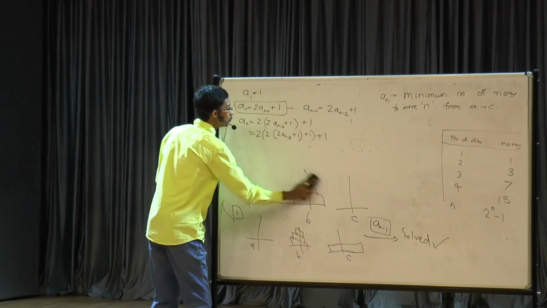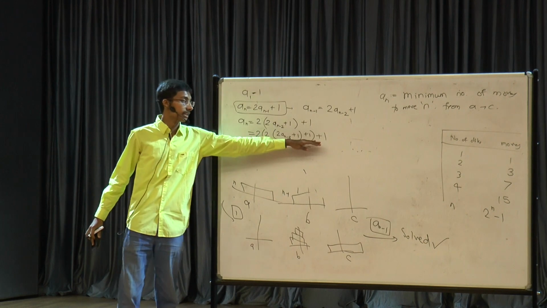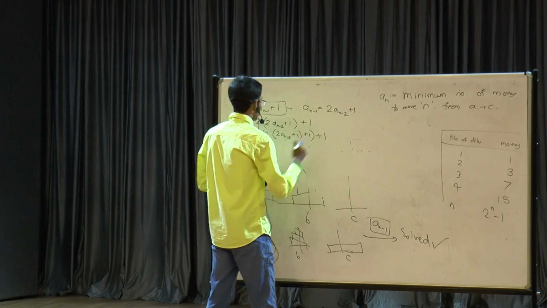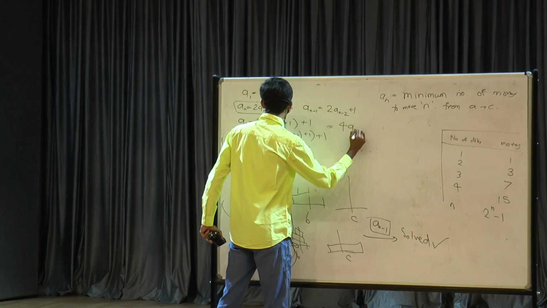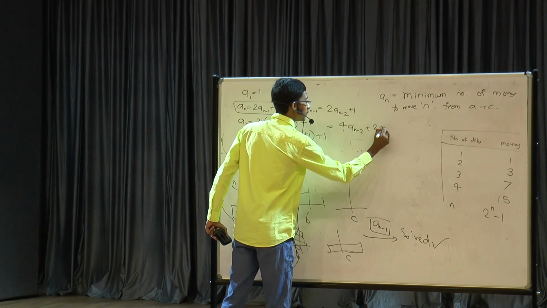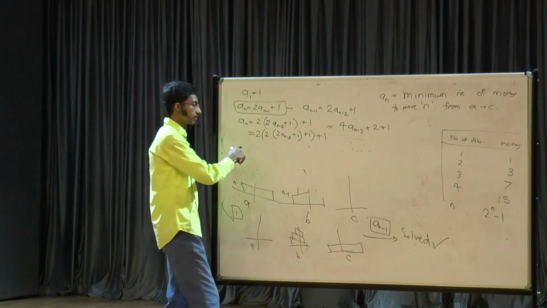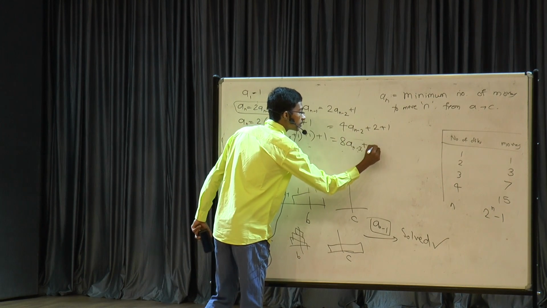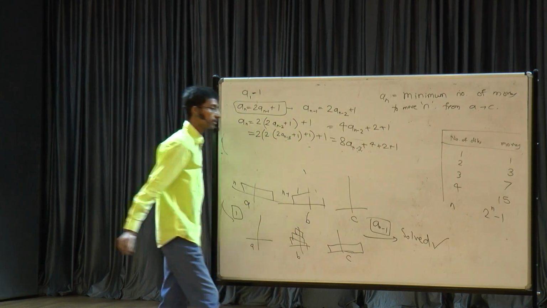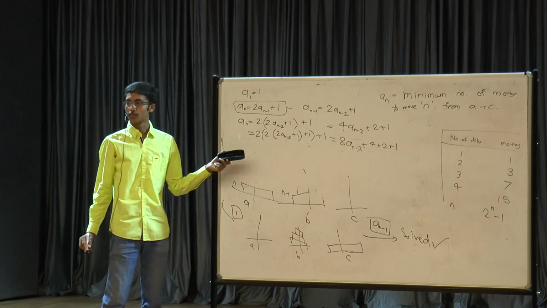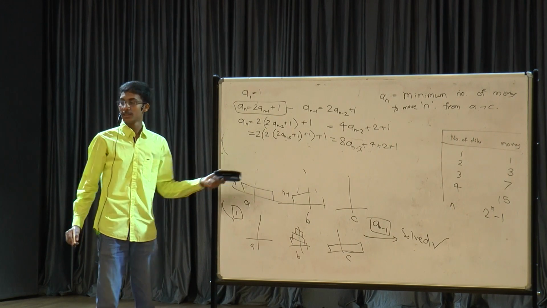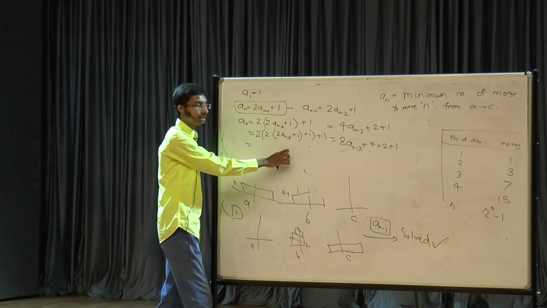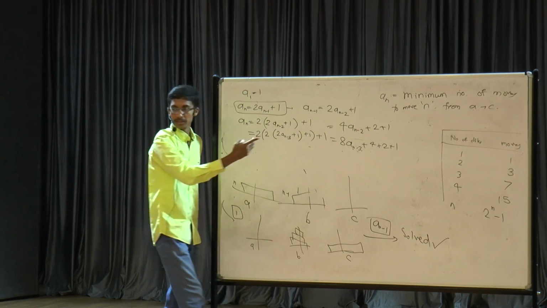Now we need to notice what exactly is happening when we expand this. So notice that this is 4 times a_{n-2} plus 2 plus 1. Yes. This next one is 8 times a_{n-3} plus 4 plus 2 plus 1. Do you see a pattern of what this expansion is going to give? Every time this index goes down by 1, this power of 2 increases by 1.